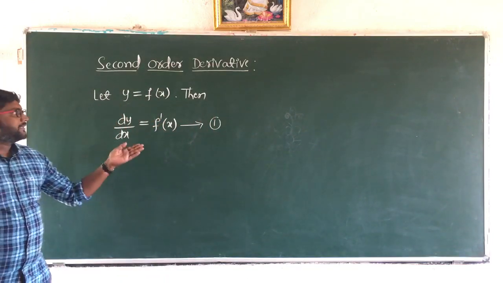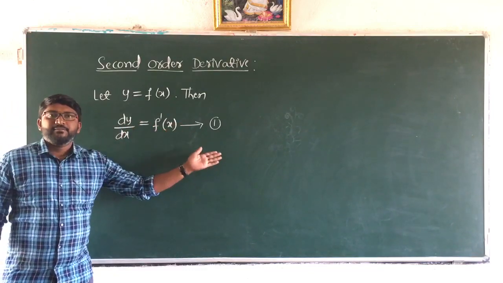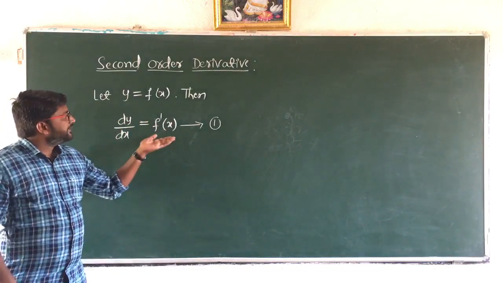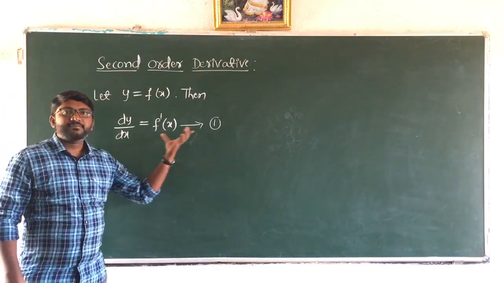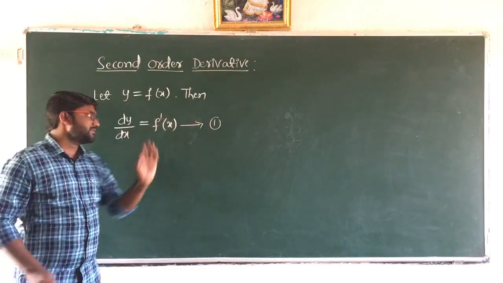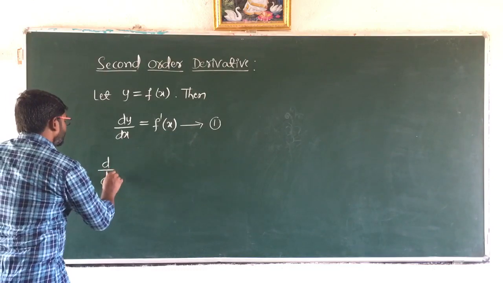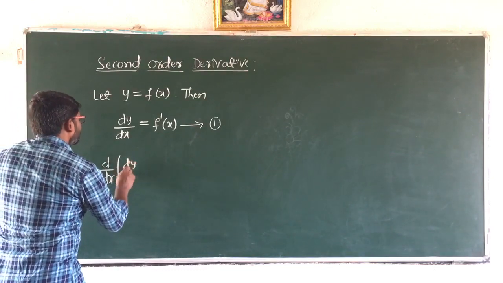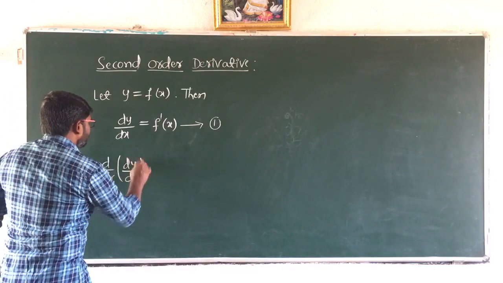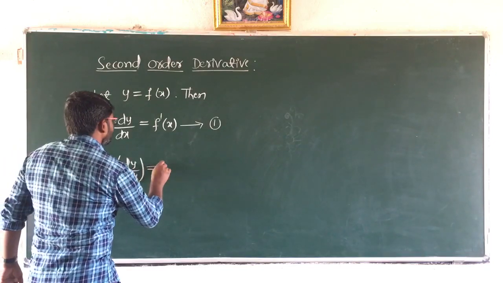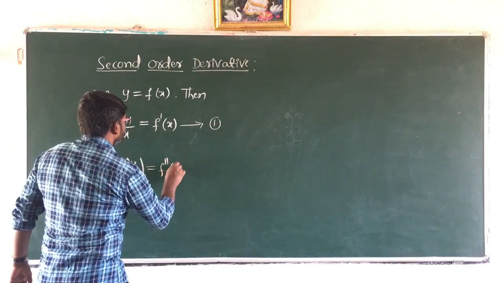Now if f dash of x is differentiable again, we differentiate equation 1 with respect to x. It becomes d by dx of dy by dx, which is equal to f double dash of x.